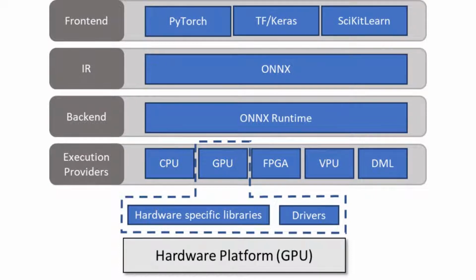Later on, you are always doing an intermediate processing that is always ONNX. And the backend of running an ONNX is always an ONNX Runtime. And then execution will always be done on an execution provider, something such as a GPU, CPU, FPGA, visual processing unit, that's your Movidius stick, deep learning units, and things like that.